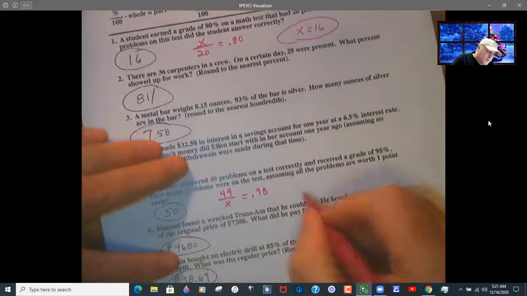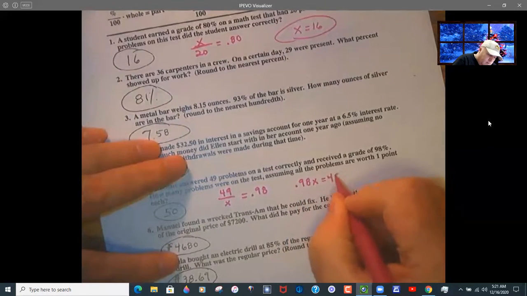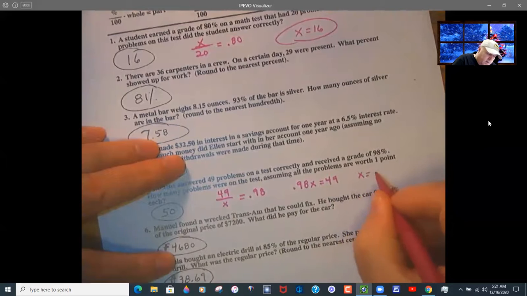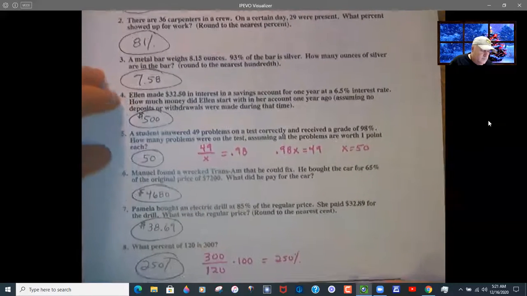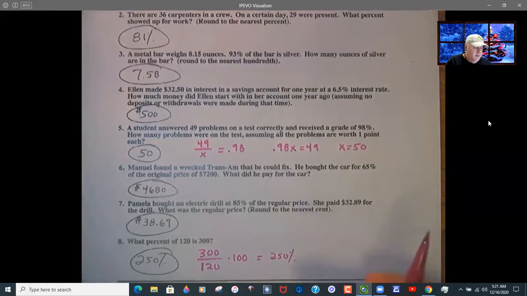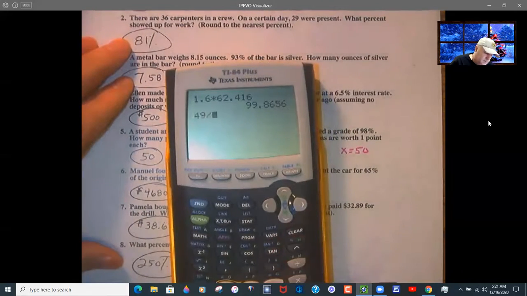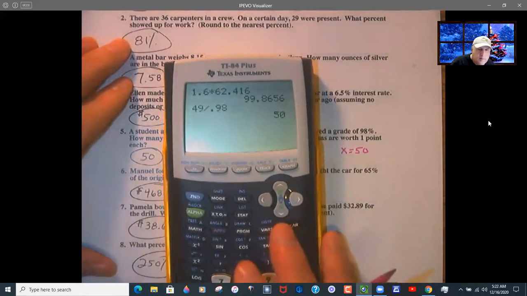So what is the grade? It's a cross product, and then divide both sides by 0.98. So 49 over 0.98 is 50. Bam.